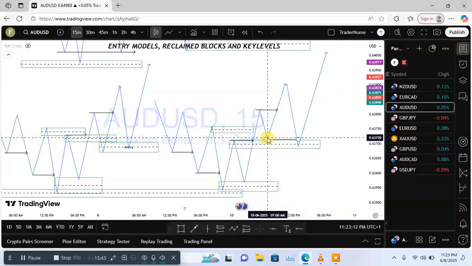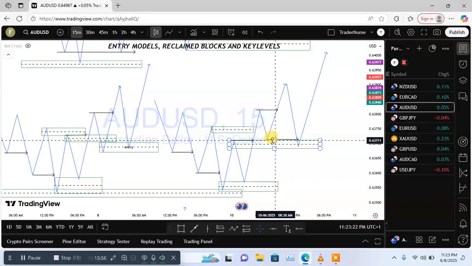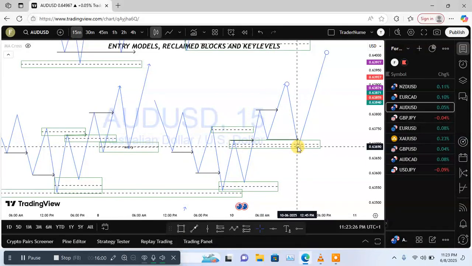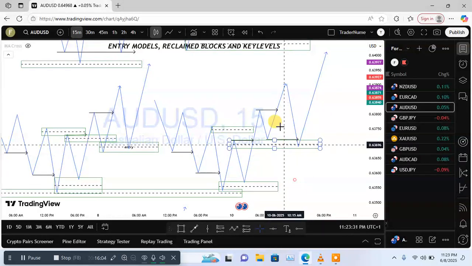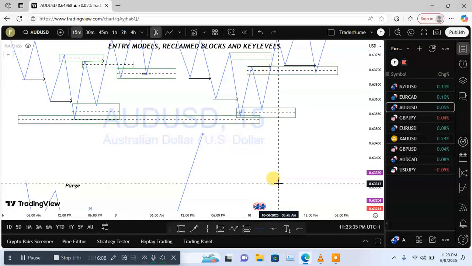But if price did not mitigate it and stops at a level just close to the supply that becomes demand zone, then price will tend to take that zone out, mitigate on that supply becomes demand level, and boom, you understand? That's how it works. Then the third entry point is called the purge.